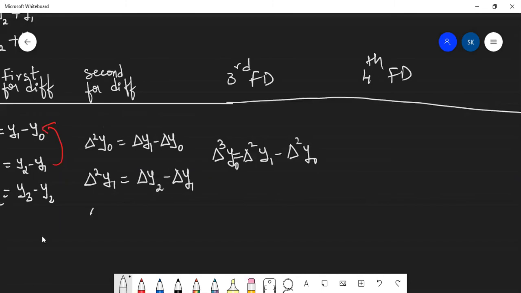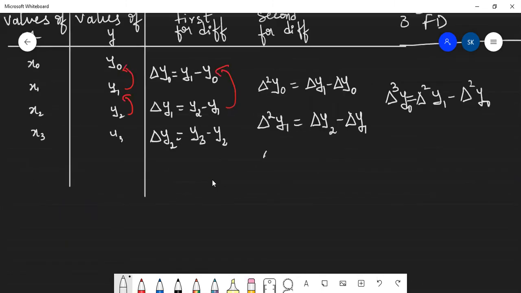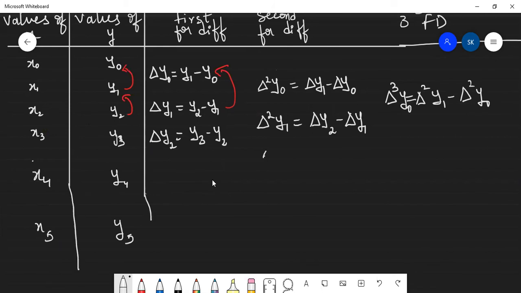If I expand the elements, suppose this was y3, and I have x4, y4, then x5, y5. We'll see how many terms we'll get.